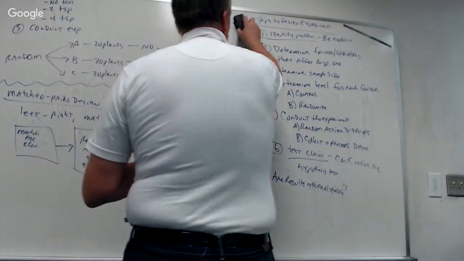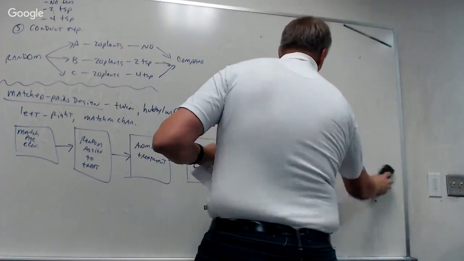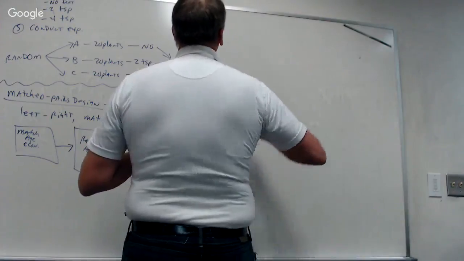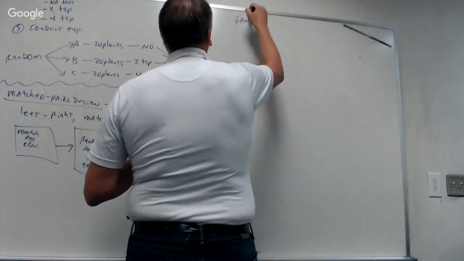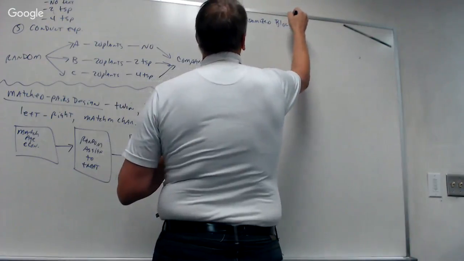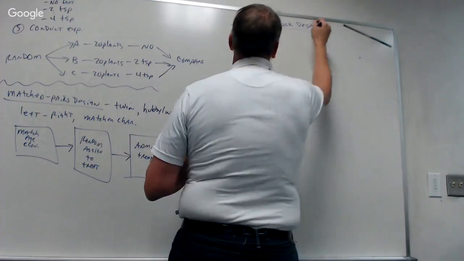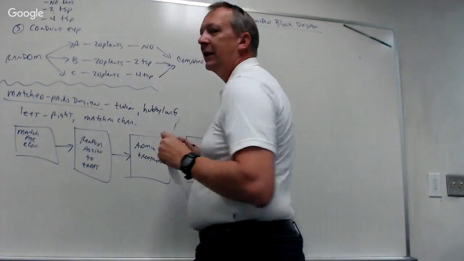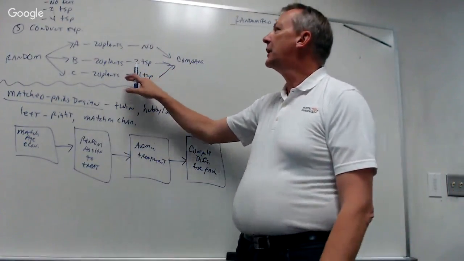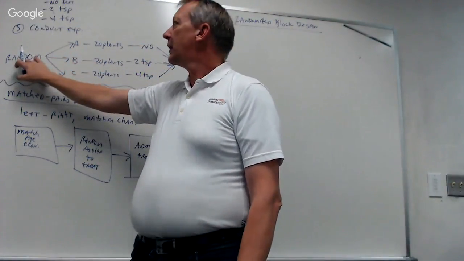Another type of experiment we can do is called the randomized block design. Okay. So once again, as we look at this, with the completely randomized design, you randomize right off the bat.